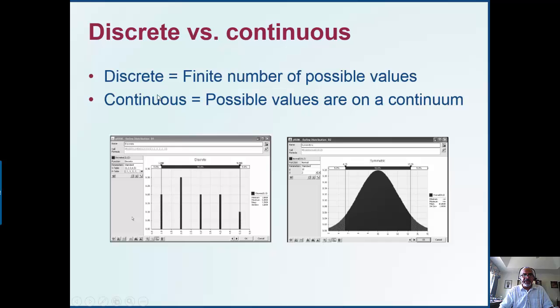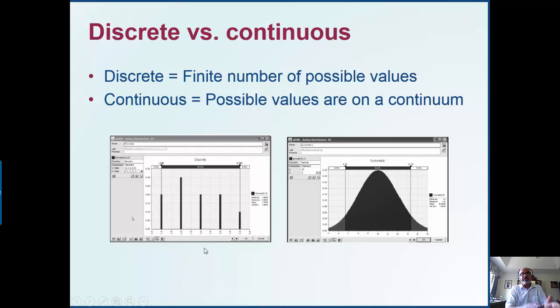This is a discrete probability distribution, where we have some specific possible values, and for each specific value we have a probability. For example, if the demand is going to be either 100, 200, 300, 400 or 500, and that's it, and for each value we have a probability, and the probabilities sum to 1.